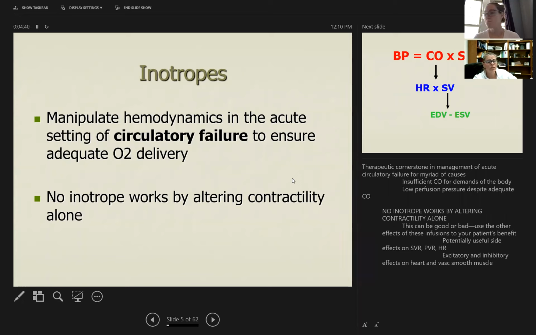Now, this can be a really good thing, or it can make things a lot more challenging, right? Because all those other effects and or side effects of our inotropes, things like elevated heart rate or increased myocardial oxygen consumption, can either work for you or work against you as you're manipulating the circulation.